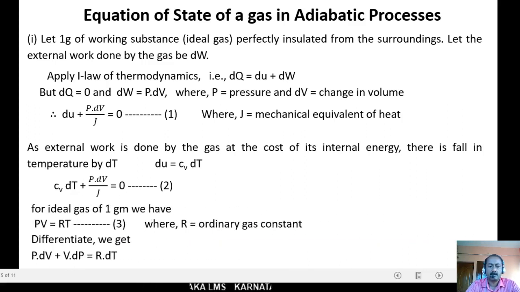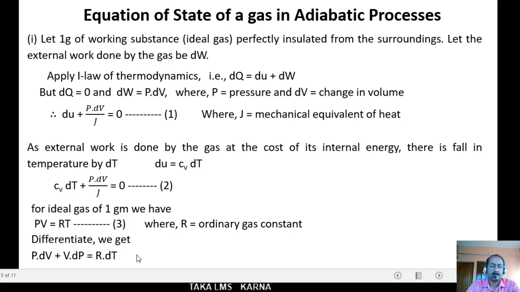For an ideal gas of 1 gram, we have PV equals RT, where R is the ordinary gas constant. Let this be equation 3. Differentiating equation 3, we get P dV plus V dP equals R dT.